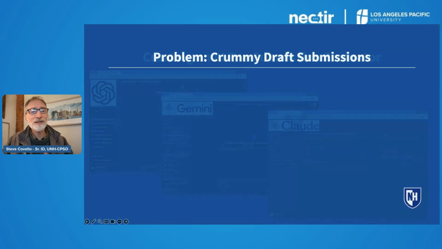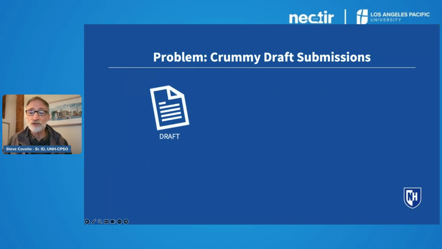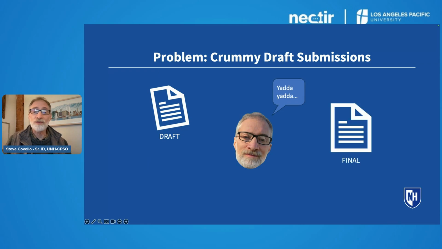All right, so let's take a look at the problem here. In my 8-week course, students submit a completed draft of their paper in Module 7 for feedback. Then they revise their work and resubmit it as final in Module 8.